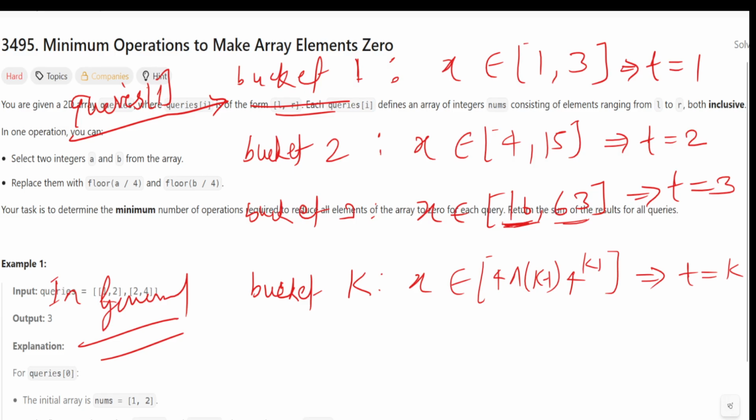So in general, for bucket k this will be the range, and t equals k.